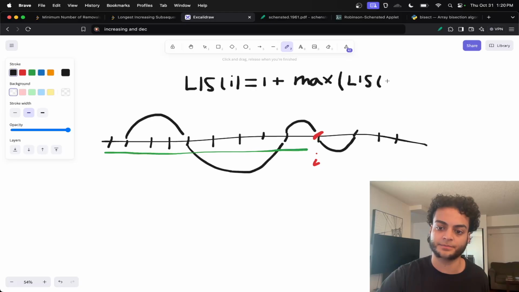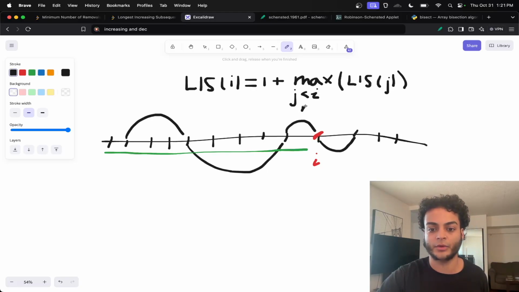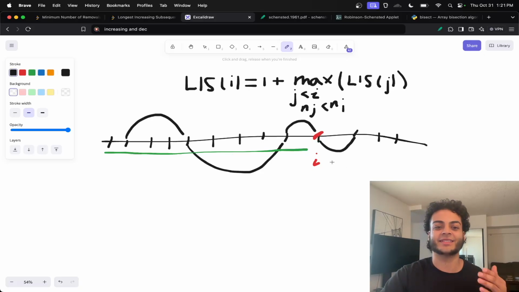We want to consider each j which comes before i, and only those which end with a number at j which is less than the number at i. Bam. So let's implement this to solve our longest increasing subsequence problem.